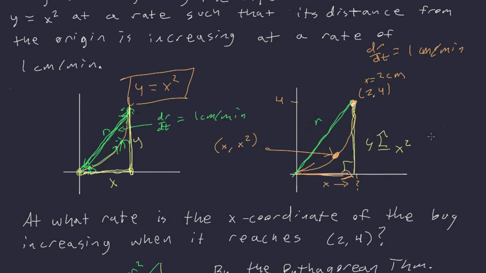And we can find what r is using the Pythagorean theorem, right? If we're at the point 2, 4, r is going to be the square root of 2 squared plus 4 squared. All right, so this will be the square root of 4 plus 16, so that's going to be the square root of 20. All right, and we can factor a 4 out of that, so r will be 2 root 5.